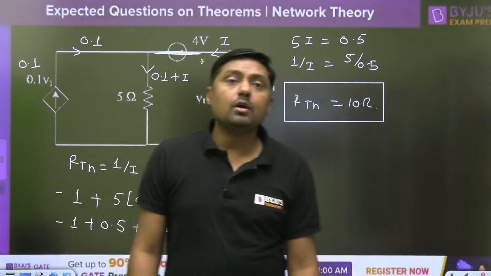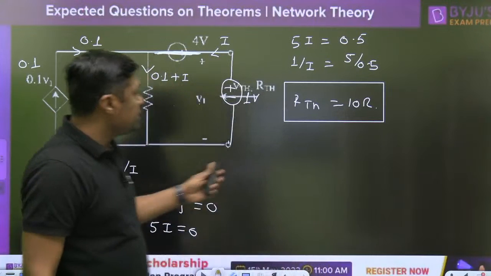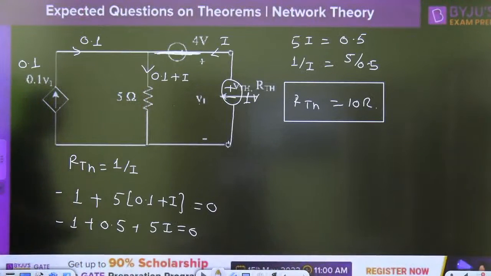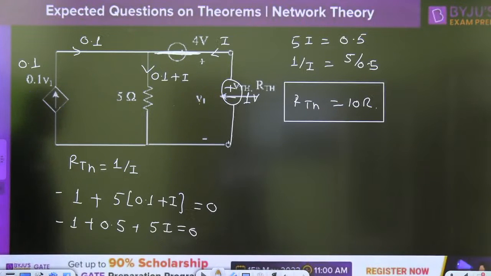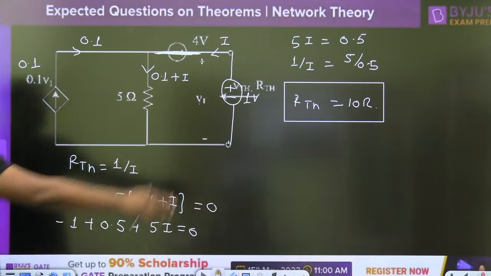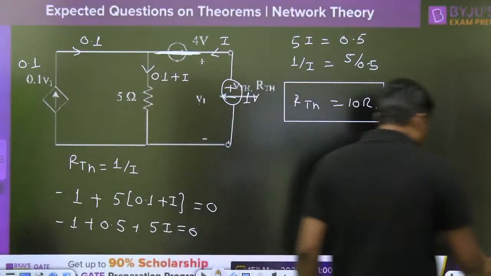We are getting the same answer, that is the 10 ohm by using the VTH, and when I am connecting the 1 volt battery, or you can directly use the VOC upon ISC. So always remember, the dependent sources will act as what? Short circuit. Now, next one.